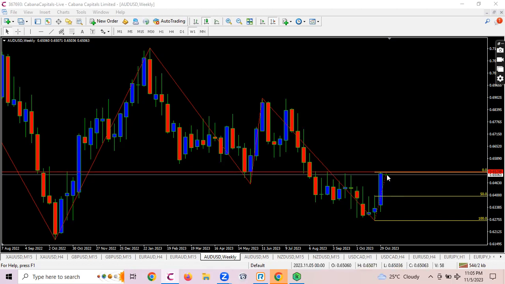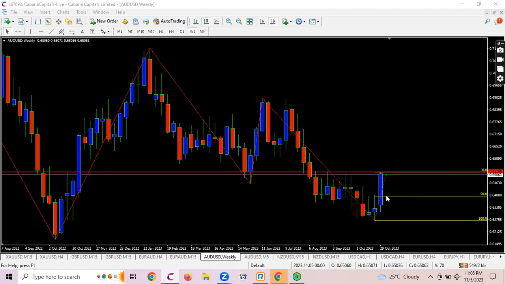Ideally, after the close of the spinning bottom, one is supposed to wait for a candle to close bullish before entering. No. Unless the body of the spinning bottom is bearish, that's when you wait for the next candle. But since this is bullish, it confirms that there are buyers in the market. When it is bearish, you would wait for the next candle. But if it is bullish, you can jump in and start buying.